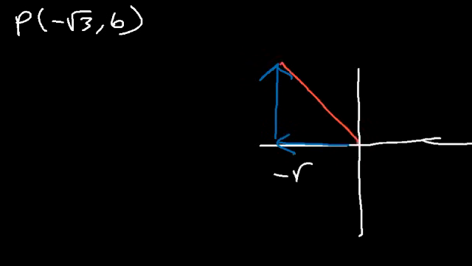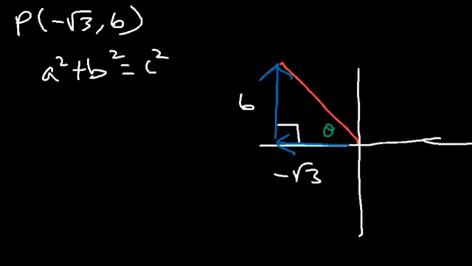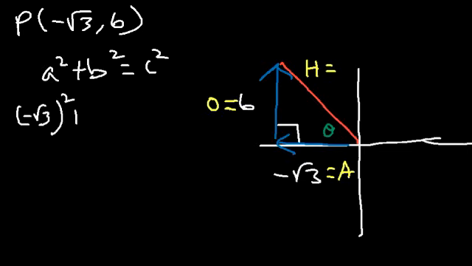So this is negative root 3, this is 6. Let's find the missing side. So a squared plus b squared is equal to c squared. We need to find the hypotenuse. We have the adjacent side, the opposite side, and we're missing the hypotenuse. So it's going to be negative root 3 squared plus 6 squared is equal to c squared.